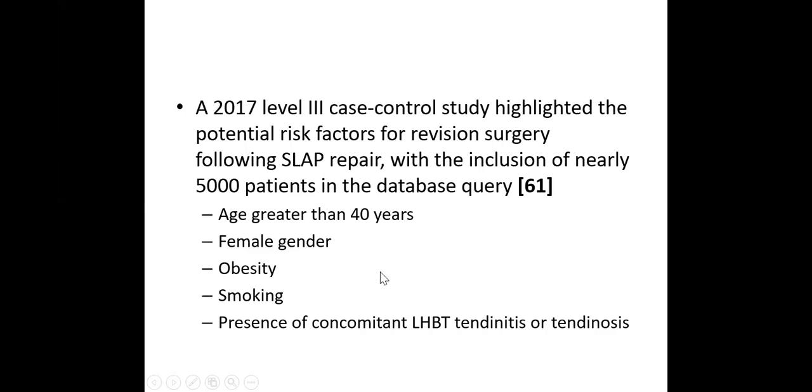According to this study, the risk factors for revision surgery are age greater than 40 years, female gender, obesity, smoking, and the presence of concomitant long head biceps tendonitis or tendinosis.